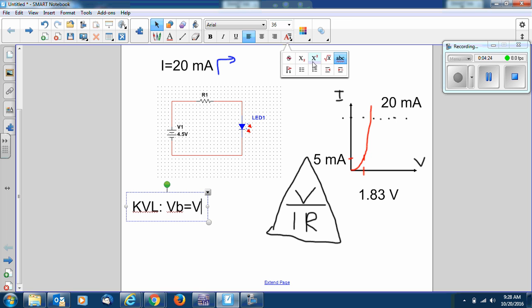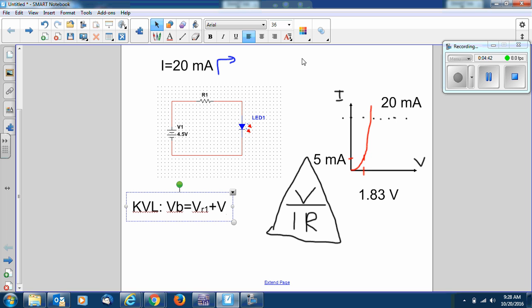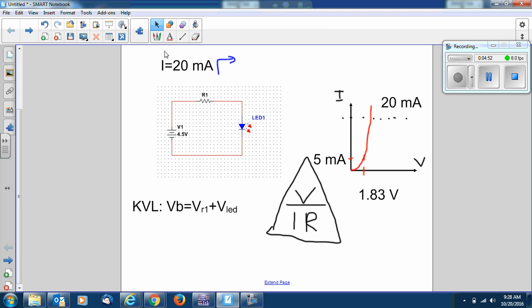Now, those voltage drops in my case consist of the voltage of R1 plus the voltage of the LED. It does seem like I'm stuck because I don't have the voltage of the LED, but actually I do, because the voltage of your LED is going to be your forward voltage.